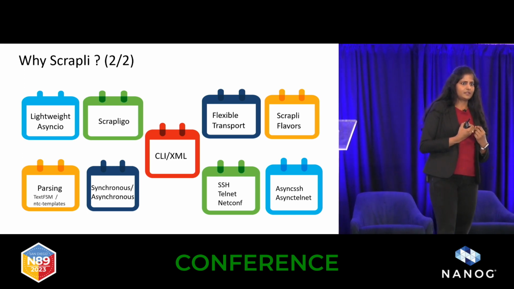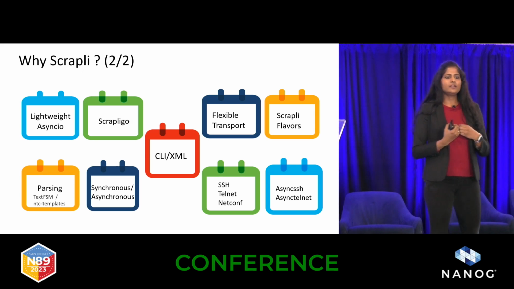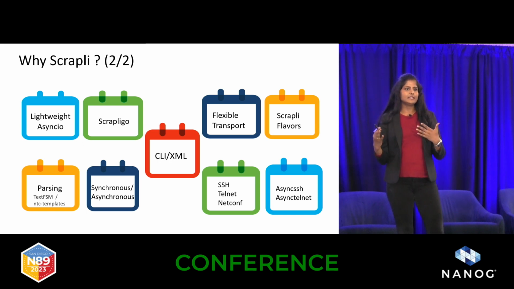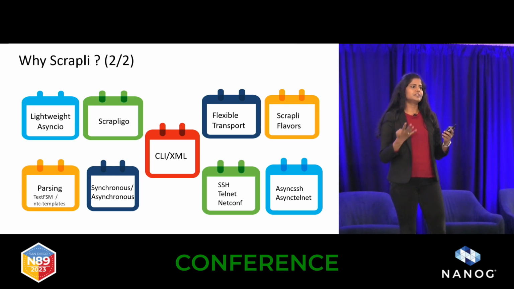Who has used it? Okay. So Nornir is a framework which uses multi-threading. In order to perform tasks concurrently, it uses multiple threads. Let's say if you're connecting to 4 devices, it uses 4 threads to connect to all the 4 devices simultaneously, concurrently.